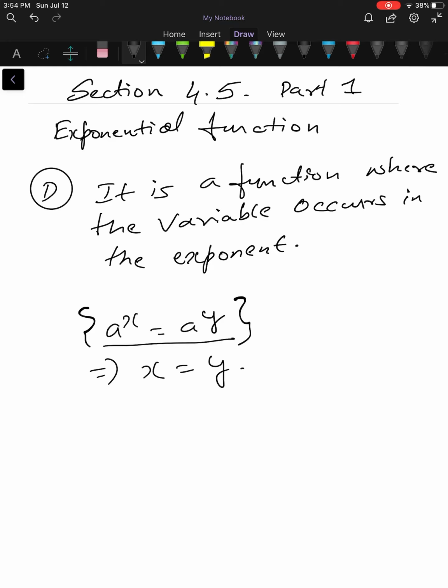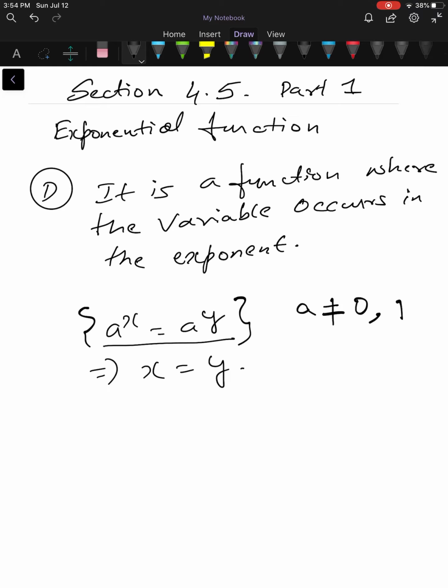It is not valid if a takes the value of 0 or 1. But in the definition of an exponential function, we eliminate the possibility of a being equal to 0, so a is not equal to 0 and a is not equal to 1 as well. Correct? So we can use this property to solve equations.